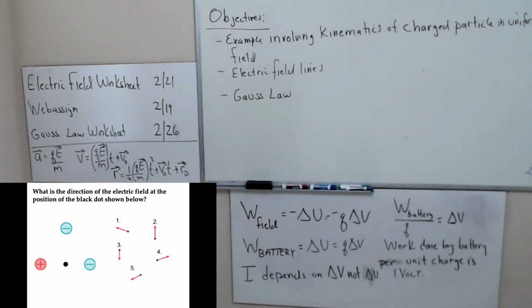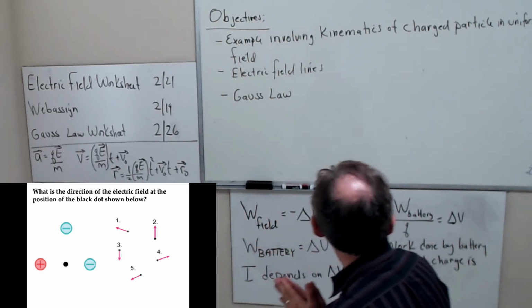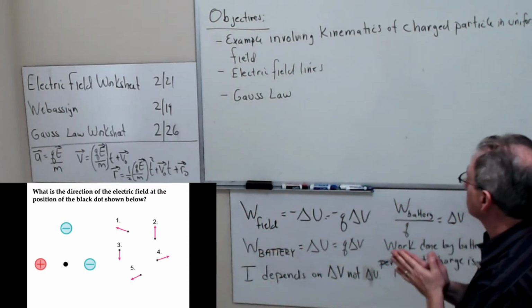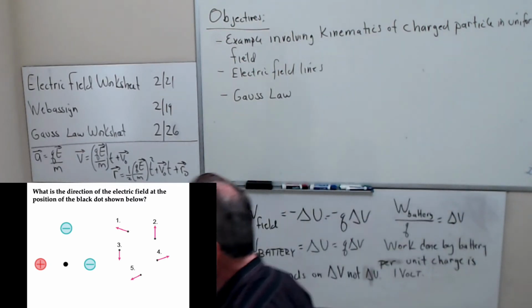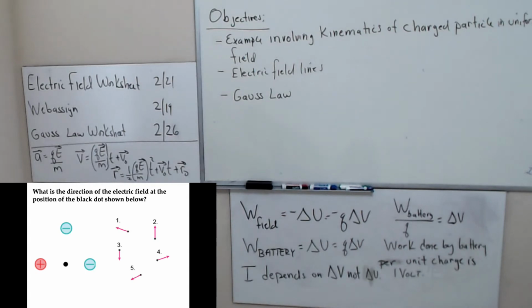So I want to do an example involving kinematics for a charged particle. And I also want to talk about field lines and then get into Gauss's law. But before I do that, I just want to see where you guys are at. Actually, I have 2 questions to ask you. A poll question.